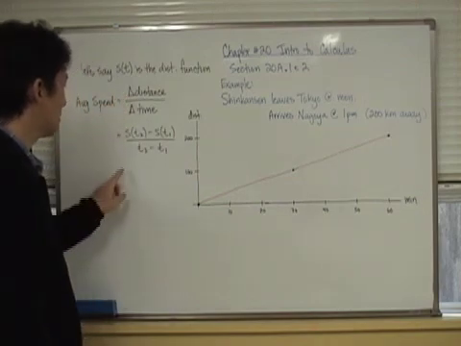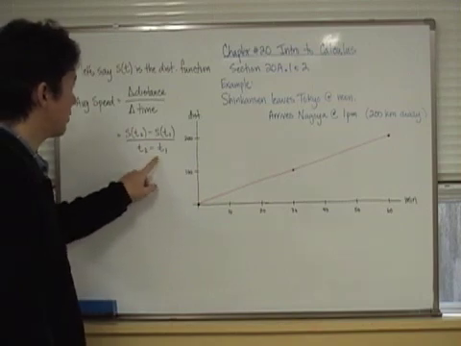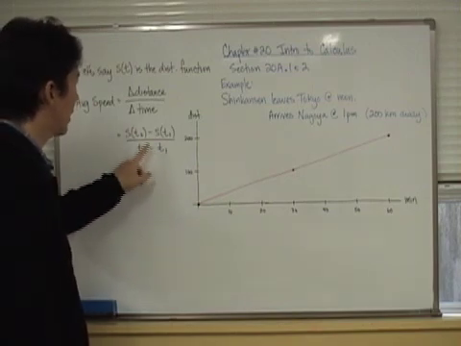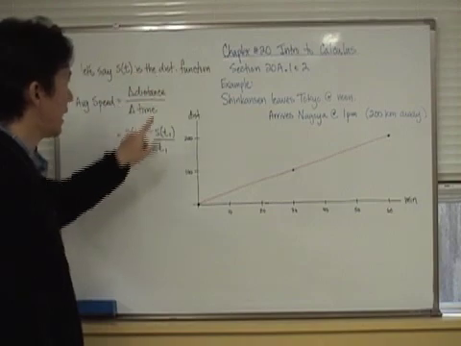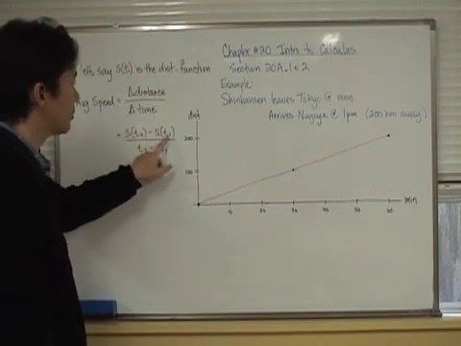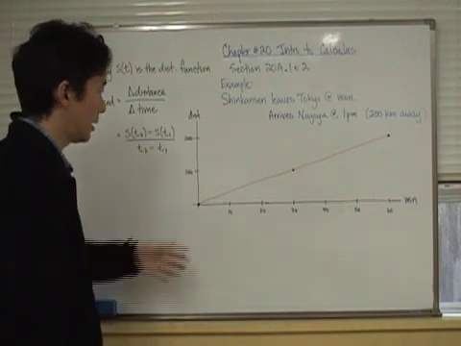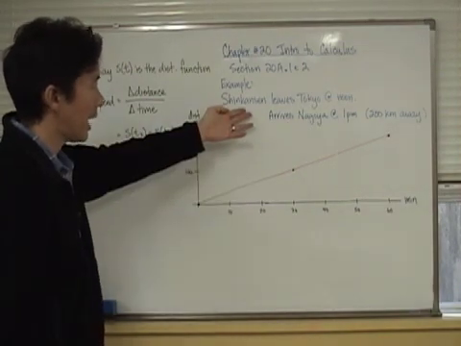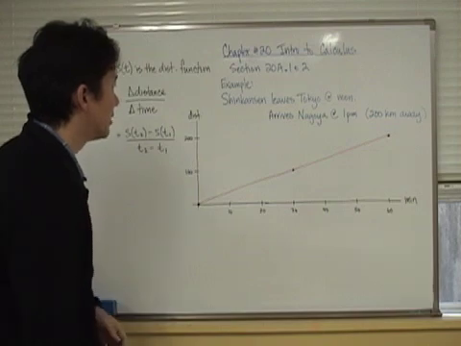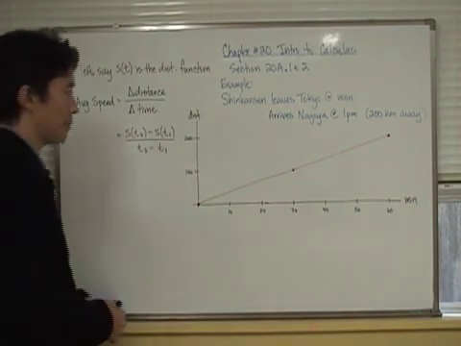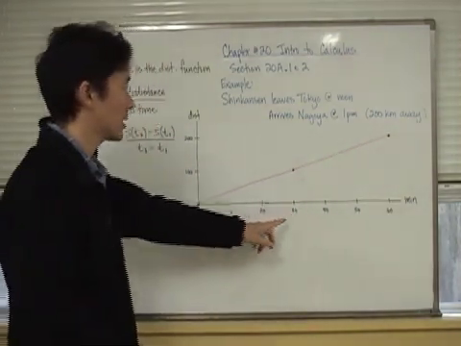So for any two values of time, I can calculate the distance at that point and at the other point, and then calculate what the average speed would be. Assuming that this graph is accurate for this example, we could choose any particular values that we want along the time.